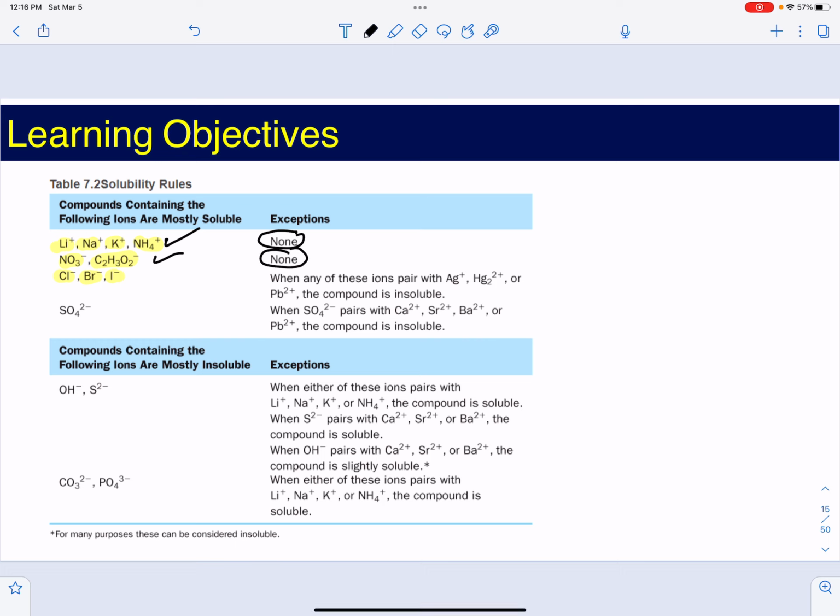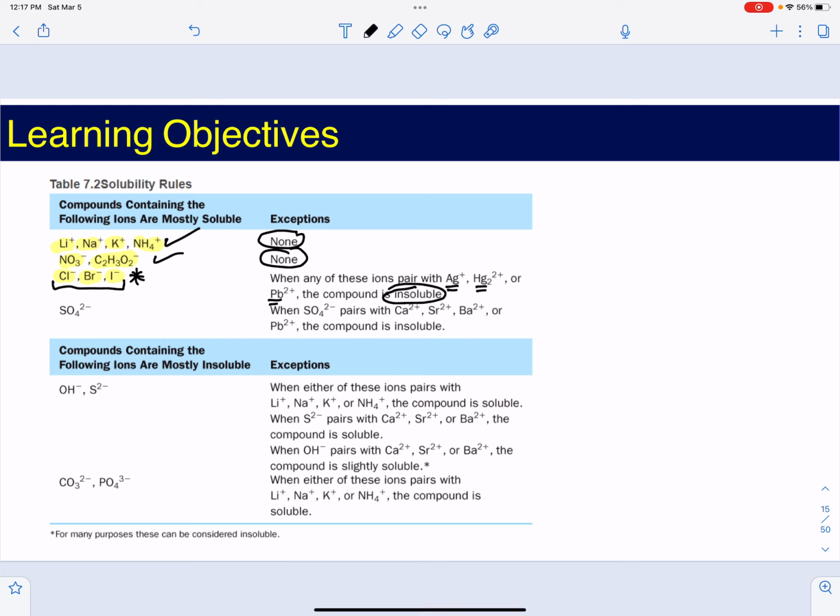The third row, you have to be careful, because most of the time they will dissolve in water, except when the anion, remember those are negative charges, is accompanied by the cation such as silver, mercury 2, or lead 2. That will make them insoluble. So that would be the exception to the rules.